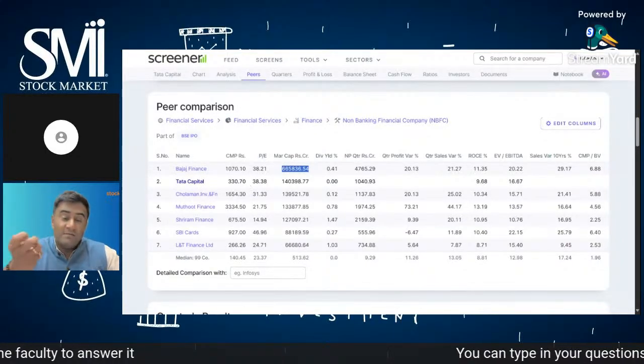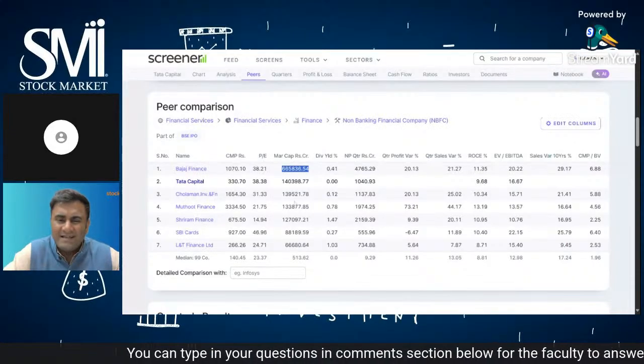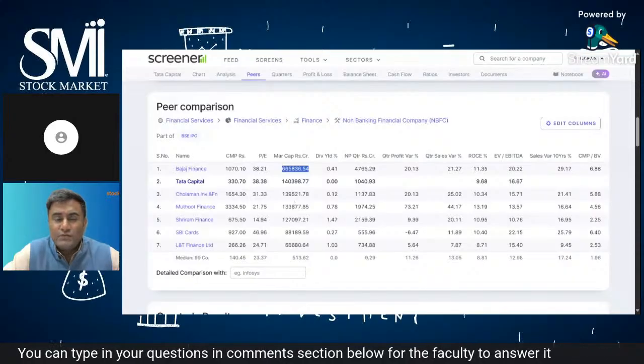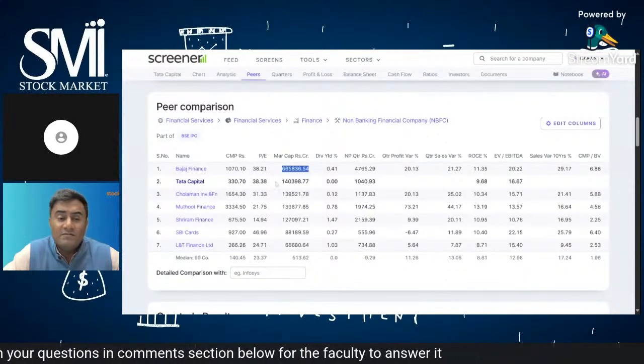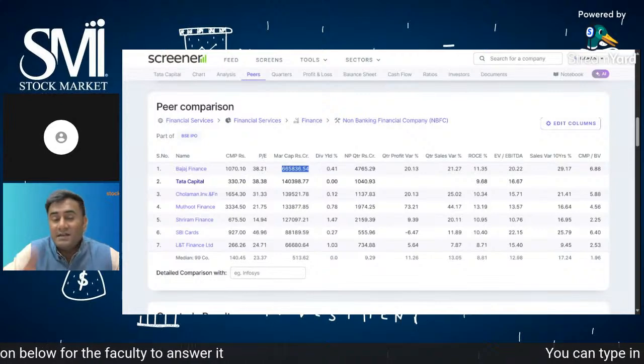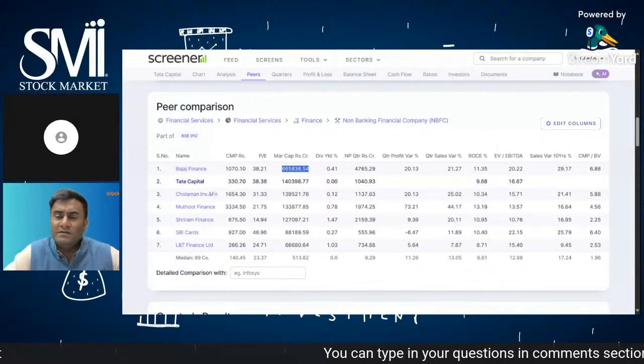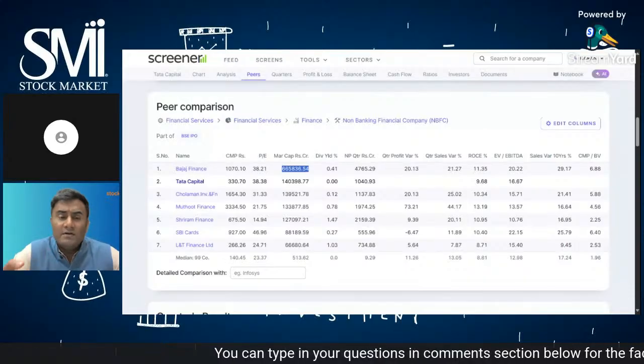So a fair comparison would be with Chola Investment. Their market caps are identical. So you compare it with Chola and you see the ratios that matter in this sector. Look at the price to book value, look at the return on capital employed. Is it good?